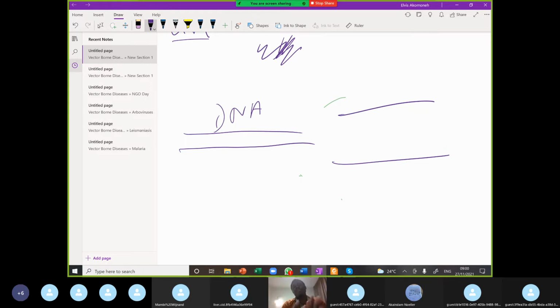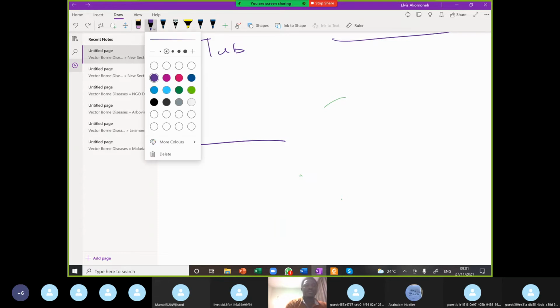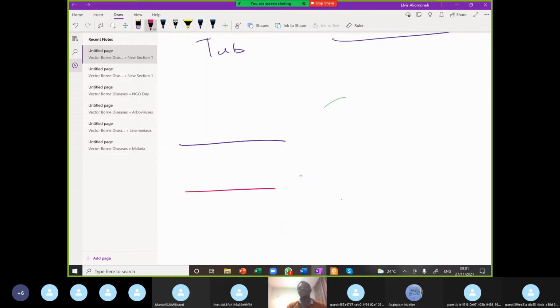So if I use the same DNA molecules in two different tubes, I separate them in two different tubes. This is my original DNA molecule.